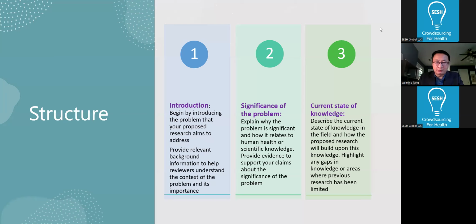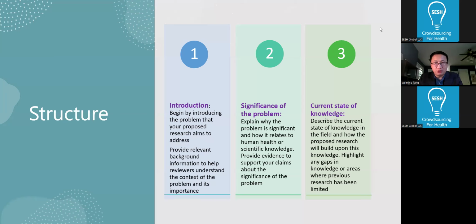And why would no testing uptake be a problem? Then you want to provide relevant background information to help reviewers understand the context of the problem and its importance. These are typically the first and second paragraphs of the significance section, to introduce the problem.